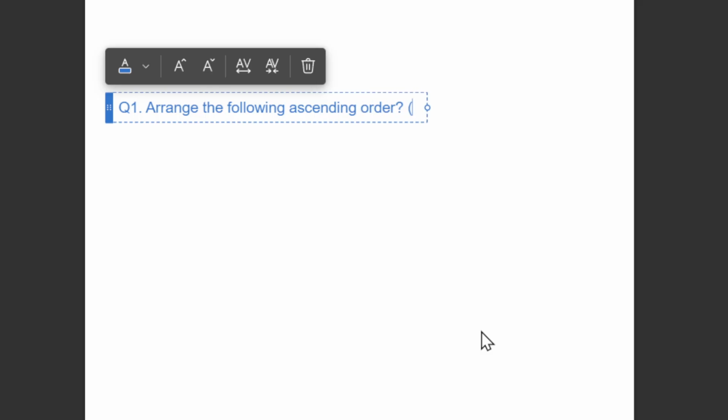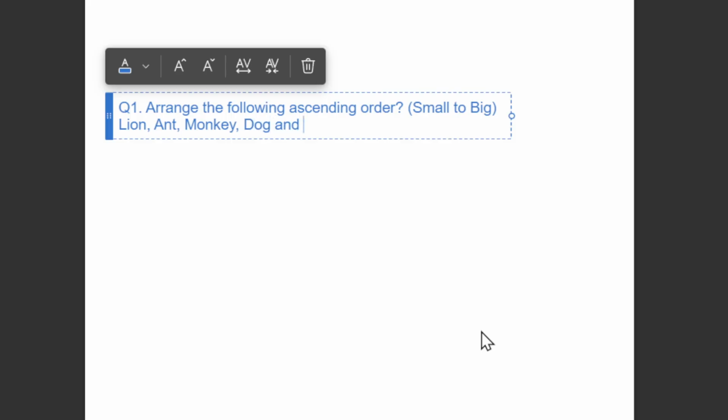The animals they are listing here: lion, monkey, dog, and what else can we write? Elephant.